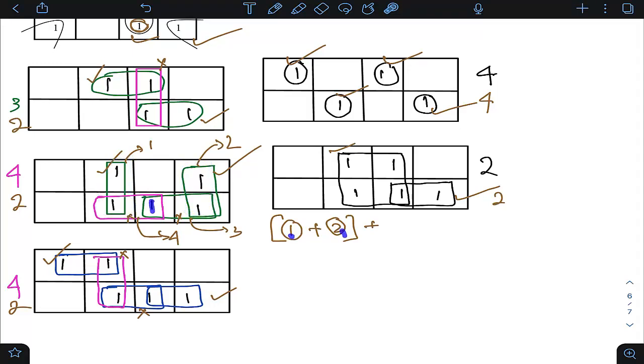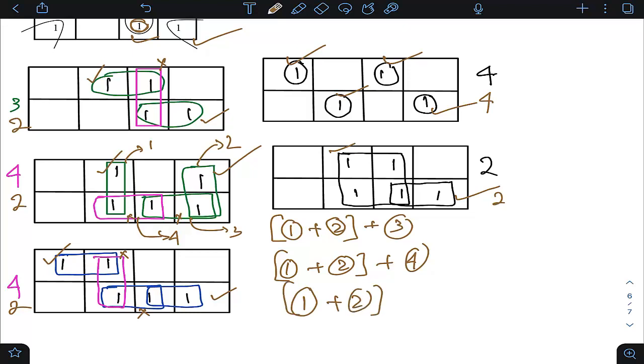To cover this one, you have two options. Either you can take this, or you can take this. So you can take 1, 2, 3, or 1, 2, and 4. Overall it will contain 1, 2, and 3 or 4.